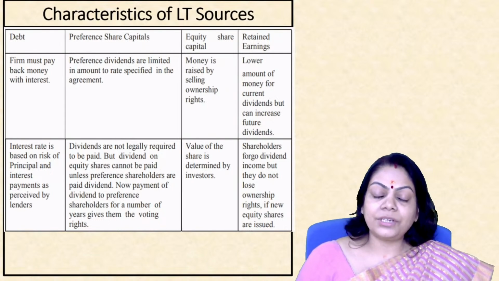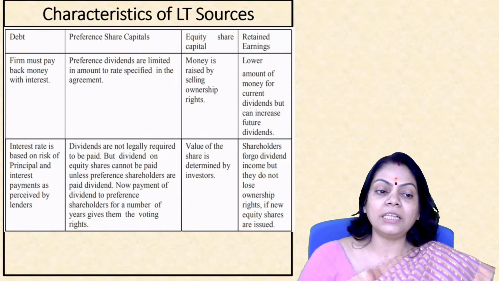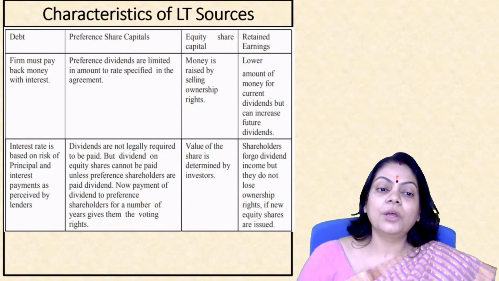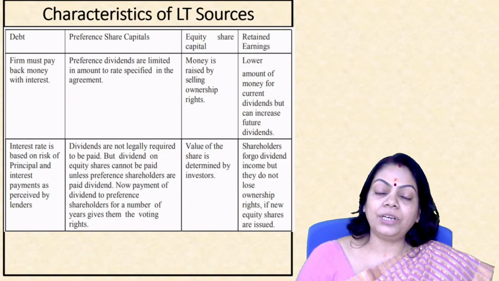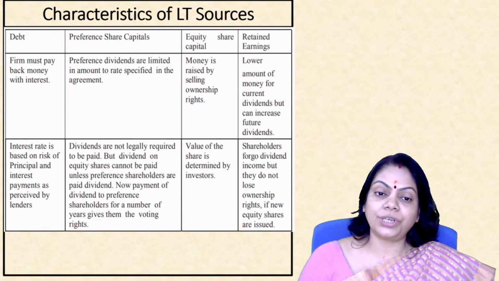Now, the interest rate for the debenture is based on the risk of the principal and the interest payment as perceived by the lenders. So, if the lenders perceive that your company has high risk, they will raise the interest rate. And the payment of interest is a contractual obligation, that is, you're legally bound to pay interest. Whereas, there is no such contractual payment in case of equity share.